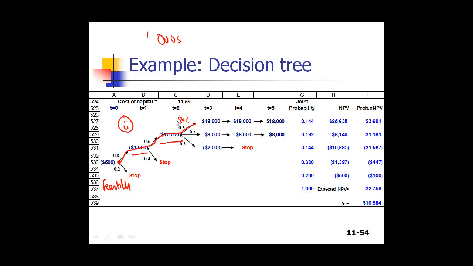So your happy scenario has a probability of 0.8 times 0.6 times 0.3, which is 0.144. So this is your happiest scenario, which has a probability of 0.144 and NPV of 25,635.